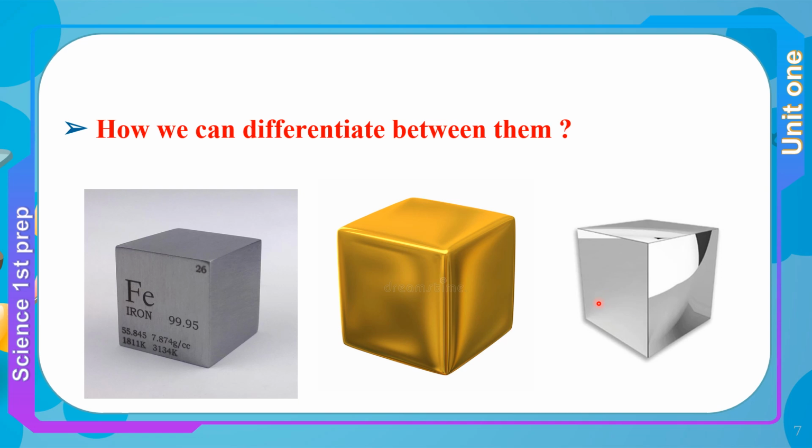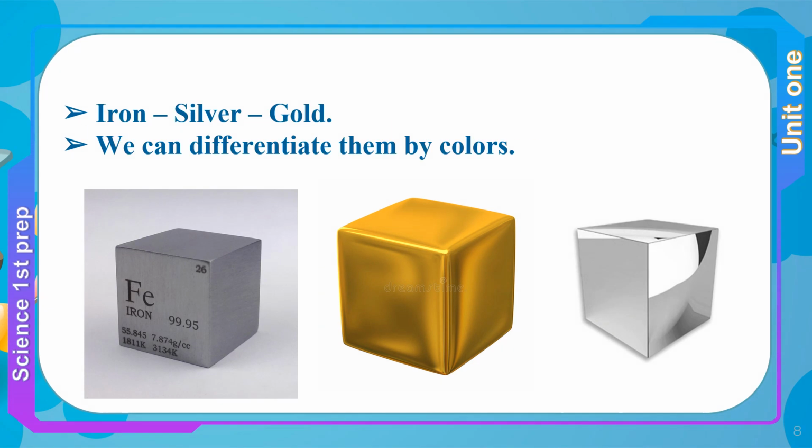Okay, if I ask you how you can differentiate between these materials: iron, gold, silver, how can you differentiate between them? By color. Perfect. By color. We can differentiate between them by colors.